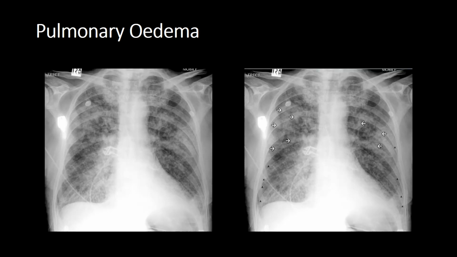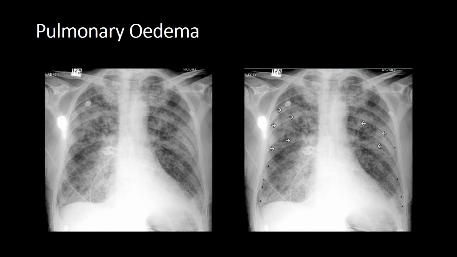So here we have a mixed pulmonary edema featuring both alveolar patterns and interstitial patterns. So remember, our alveolar patterns are fluffy and blobby. We can see that up here. These white arrows indicate the fluffy, blobby shapes.